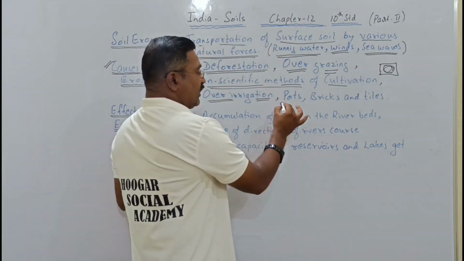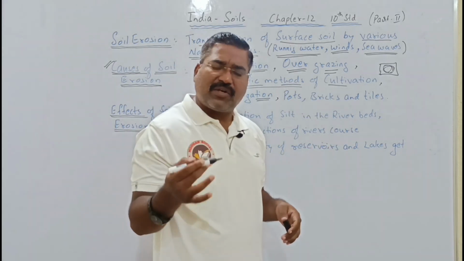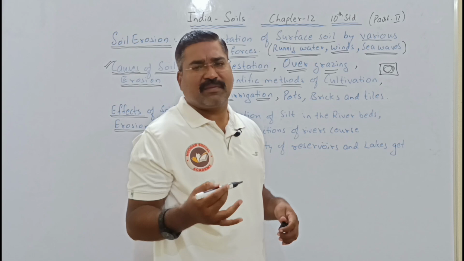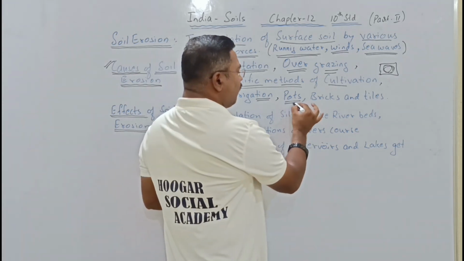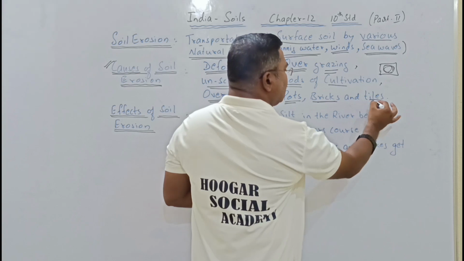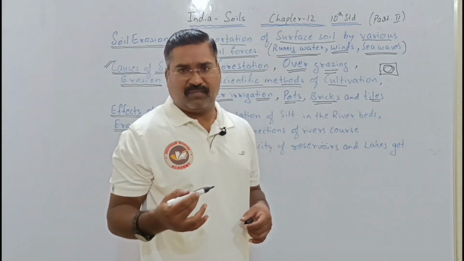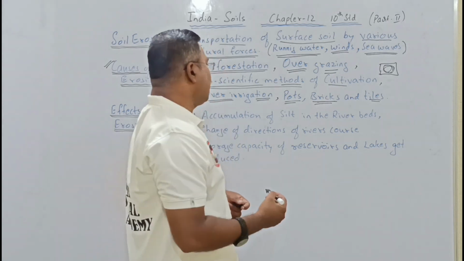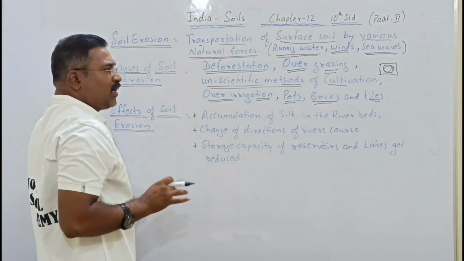As we studied in our soil part, soil is used not only for agriculture but also for construction. Nowadays, making of pots, bricks and tiles uses a huge amount of soil. This also causes a big problem in soil erosion.